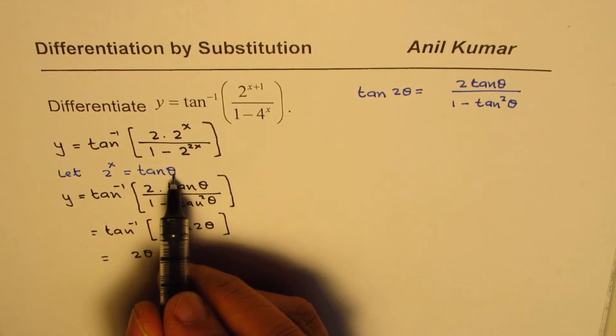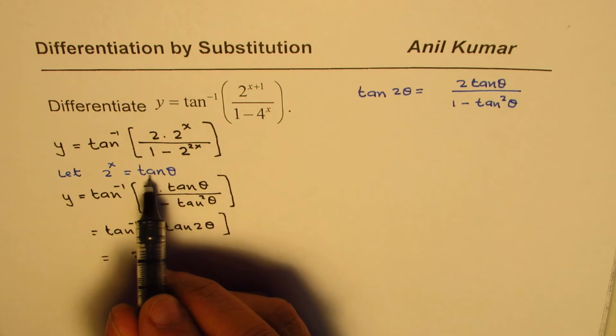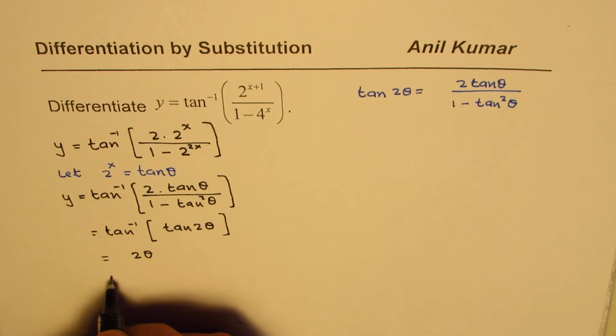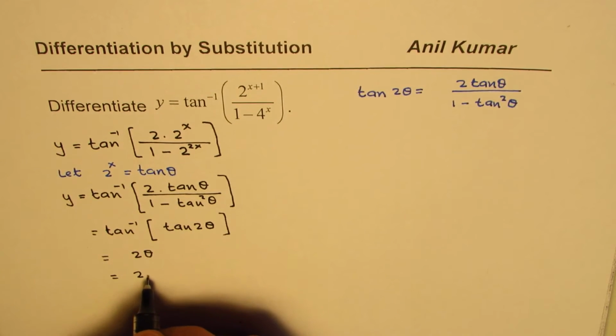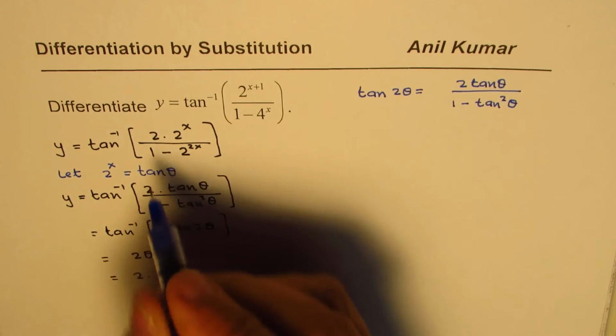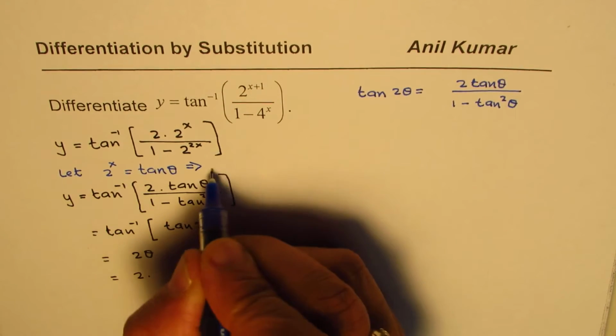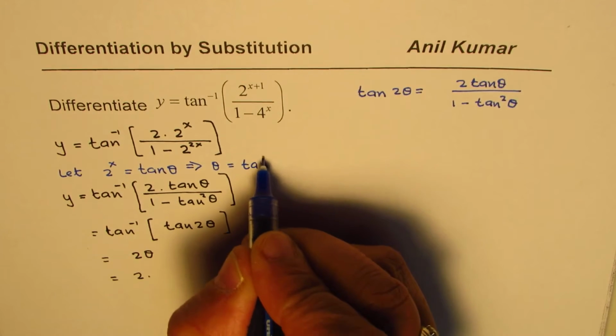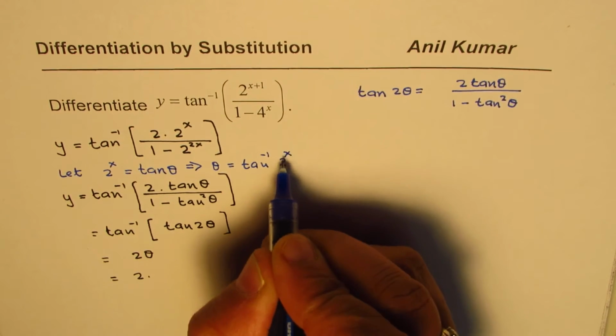Now what is theta equal to? Theta is tan inverse of 2 to the power of x, right? So we could write this as 2 times theta, where theta is equal to tan inverse of 2 to the power of x, correct?